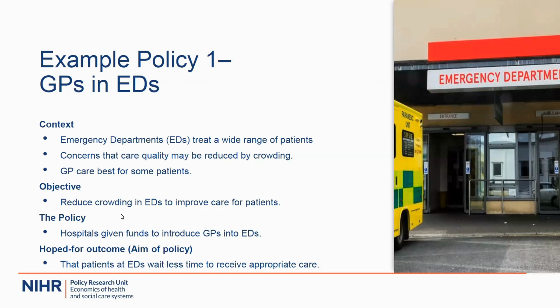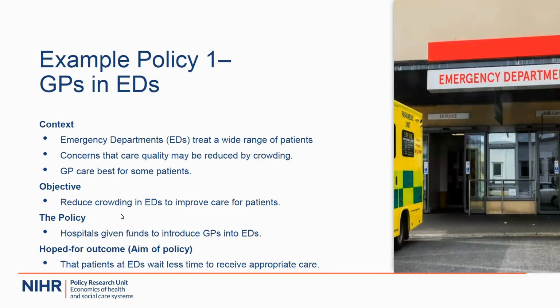The concern of many with emergency departments is that if there is overcrowding in those departments, then the treatment which everybody receives can be less good. And there can be some people for whom they have gone to an emergency department because that's what feels possible for them, but they could also have received similar and appropriate care from a GP.